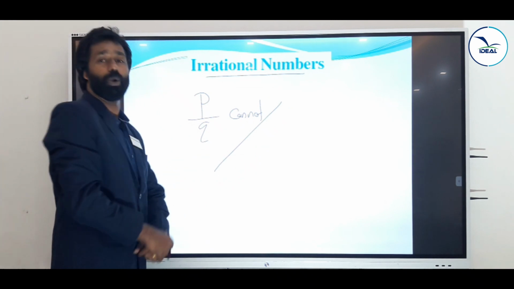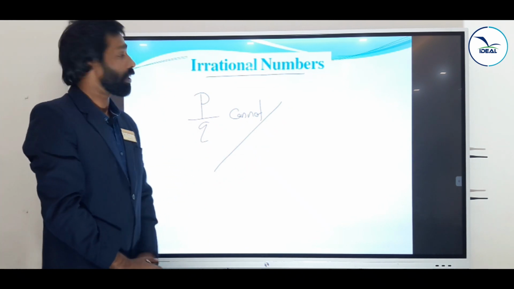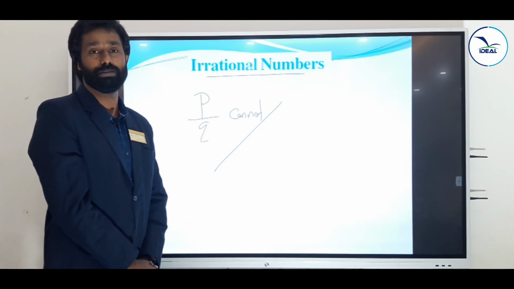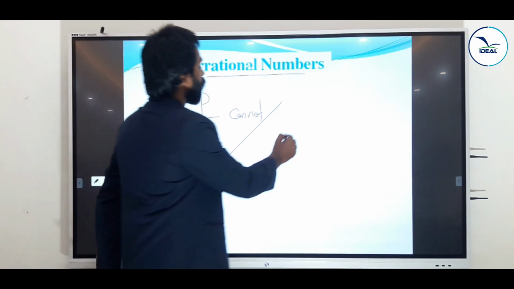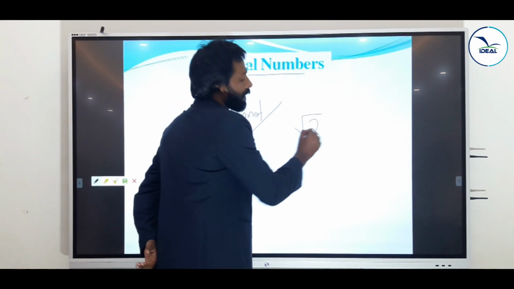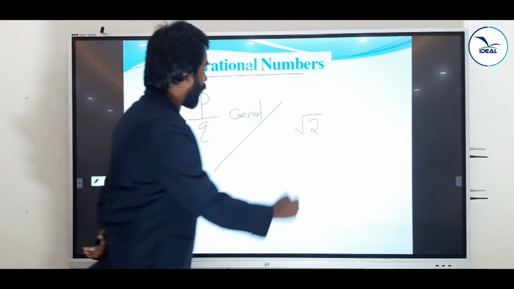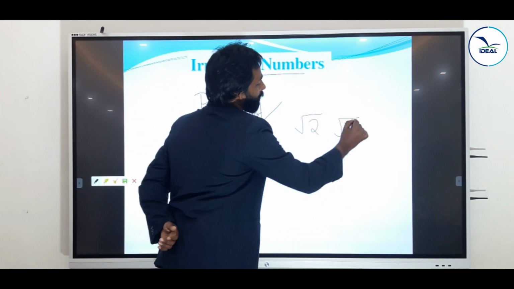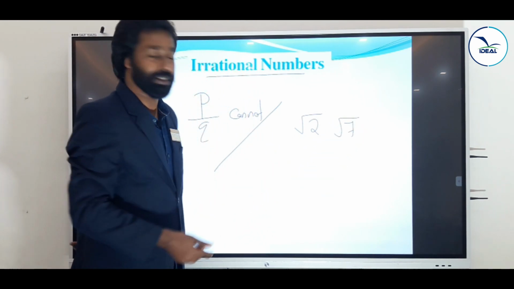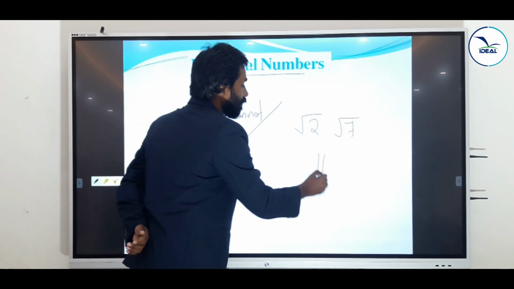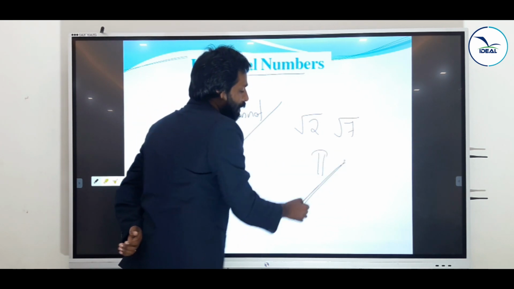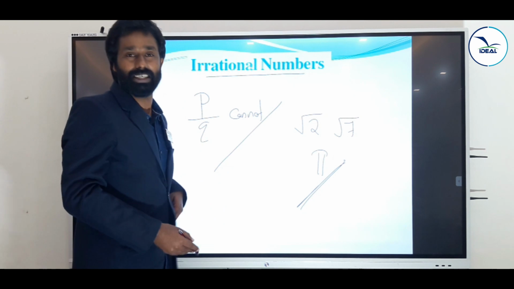Those numbers are irrational numbers. So for example, root 2 is an irrational number, root 7 is an irrational number, and pi, we know the pi we are using, it's a mathematical constant, it is an irrational number.